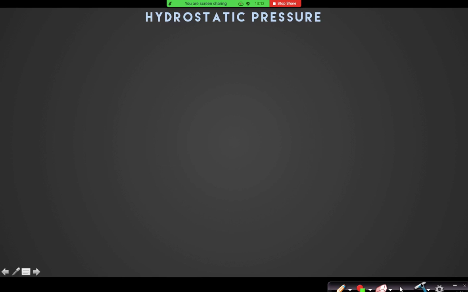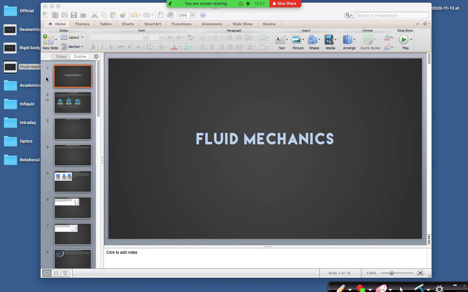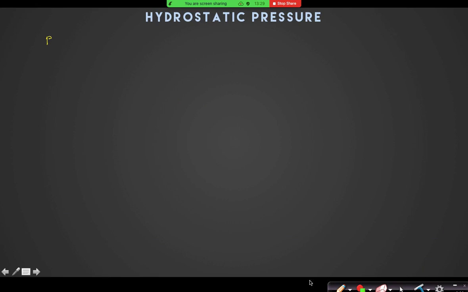So what is hydrostatic pressure by any liquid or fluid, that I will first discuss here. Pressure, as we all know, is force per unit area. Force should be normal to the area.